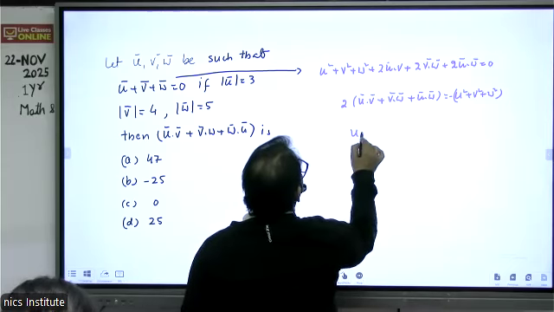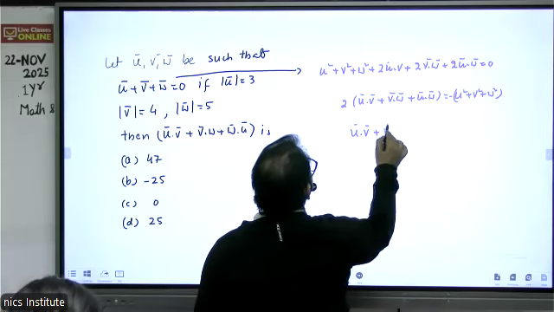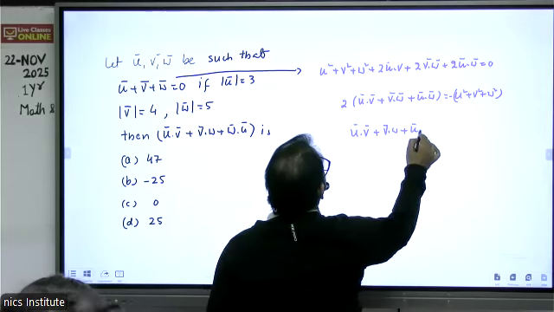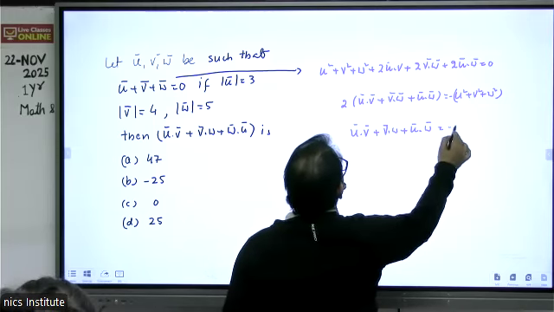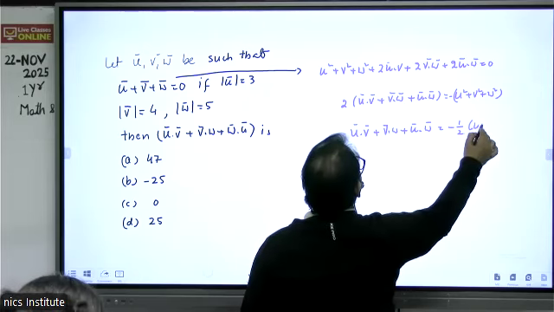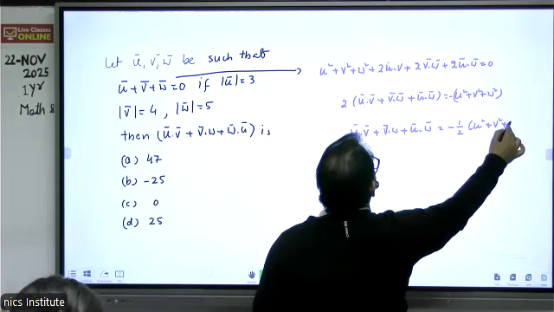This result, you can remember that the answer for this question will be always negative. And in the option, only one negative answer is there. This is a result which you can remember.